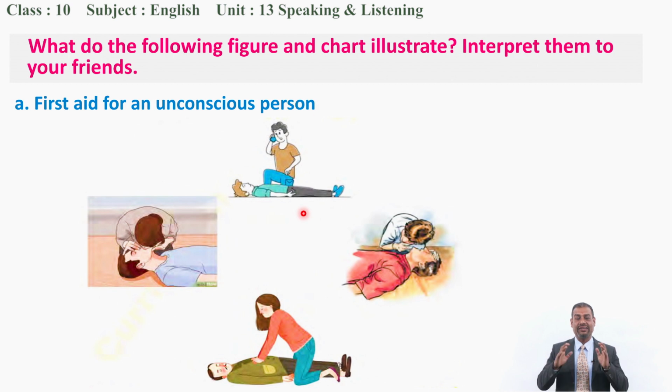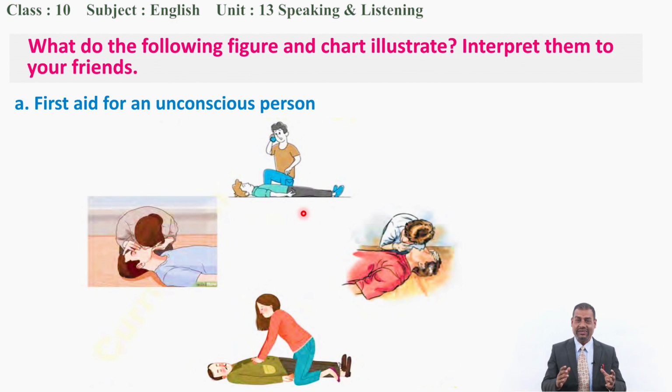Good. And in the first picture, the unconscious man is lying on the ground. There is another man beside that lying man. Good job. And again in the second picture, how do you say? Yes, the man is trying to check the mouth of that unconscious person, if there is something in the mouth or in the throat.